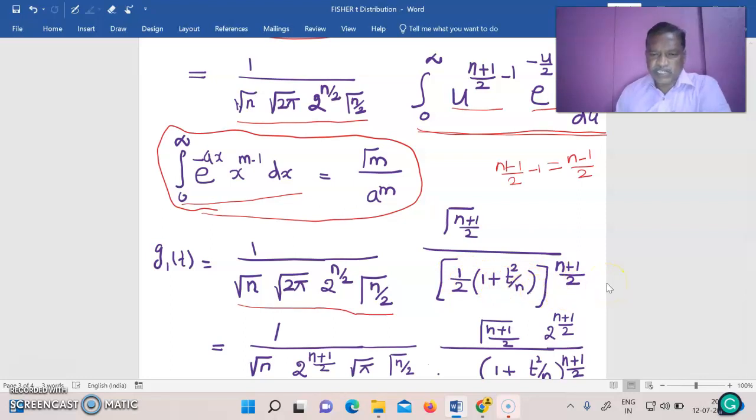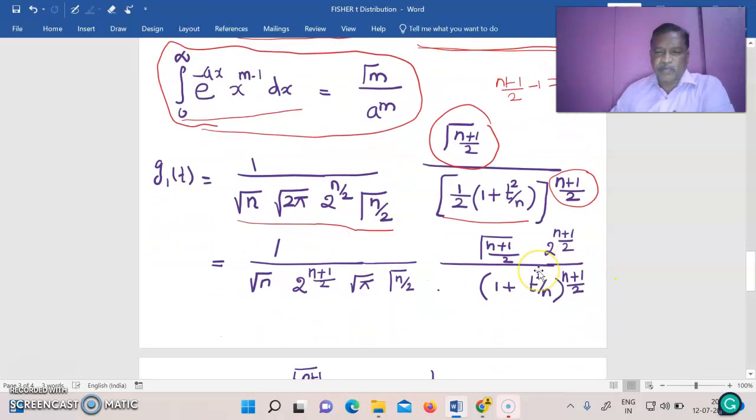So this is a, this is m, so a power m, and this is gamma m. So the complete integral can be written in the form of the gamma integral. So this is the result.